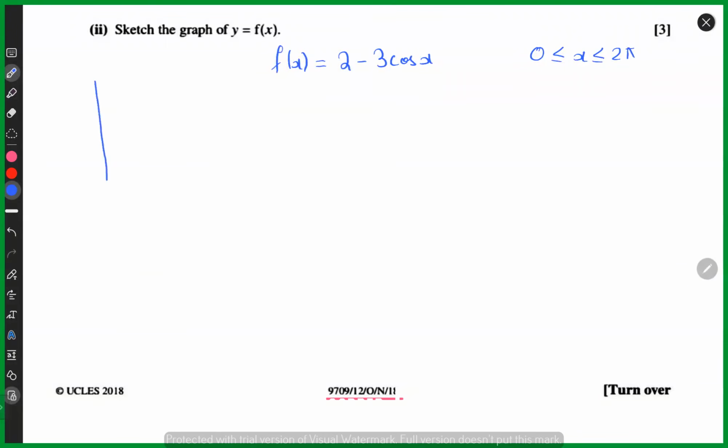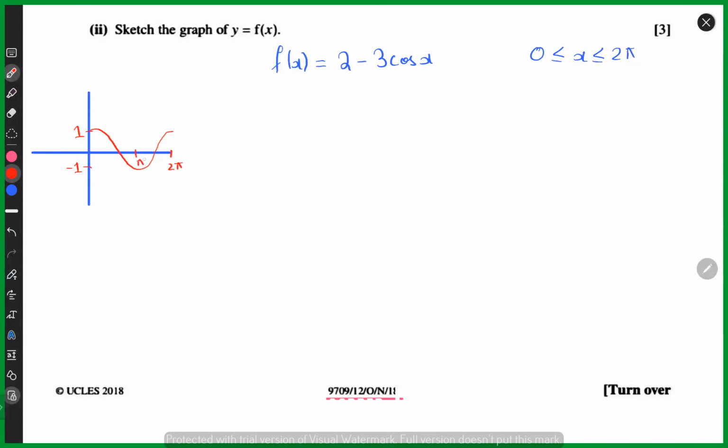I'm just going to make the basic shape over here on this side. This is how cos is. That point is 1. Minimum point is -1. It's ending at 2 pi.